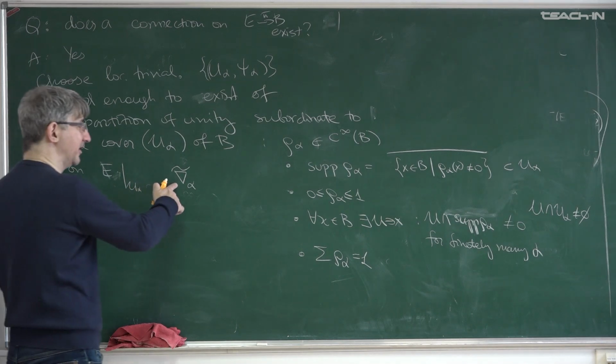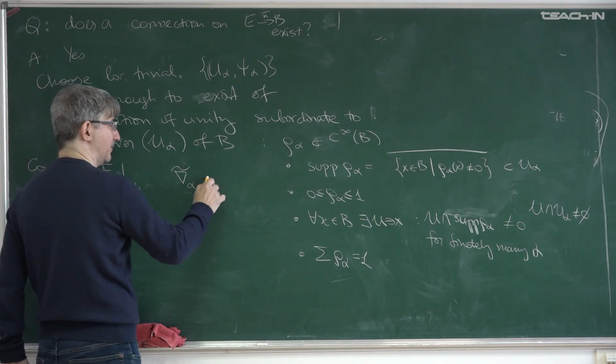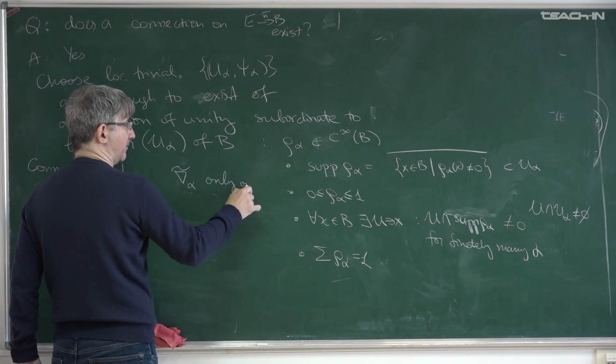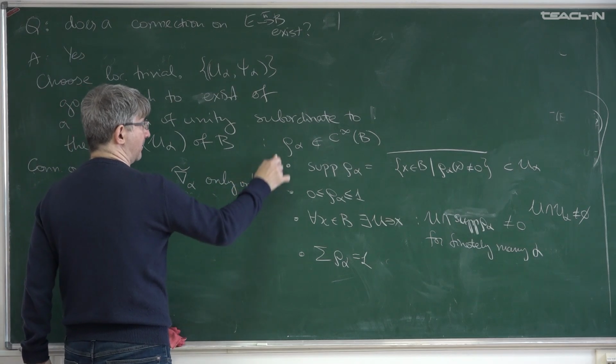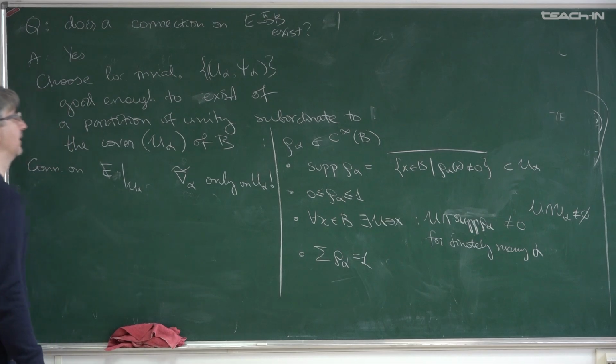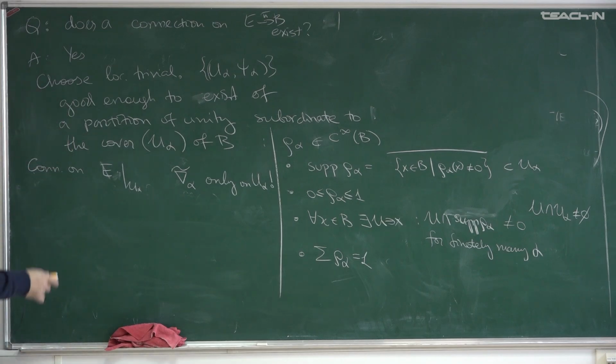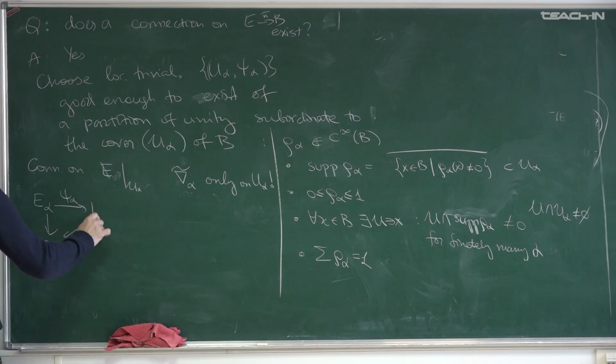This thing is defined only on U alpha. How to define it? Very simple. You have the trivialization psi alpha. No, not B, U alpha cross k^r. So how to define it?